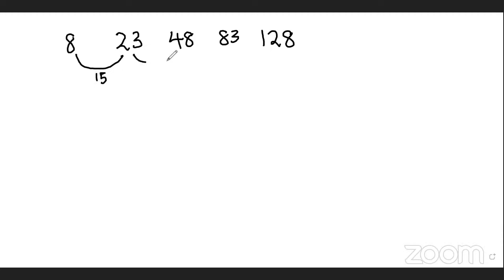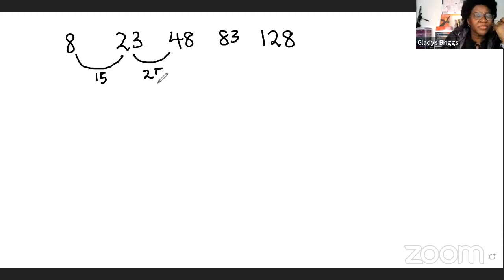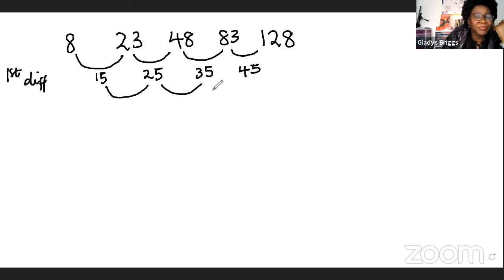Yeah, and the next one is 25, and the next one is 35, and the next one is 45. So this was the first difference. Then we work out the second difference. This is 10, this is 10, this is 10.